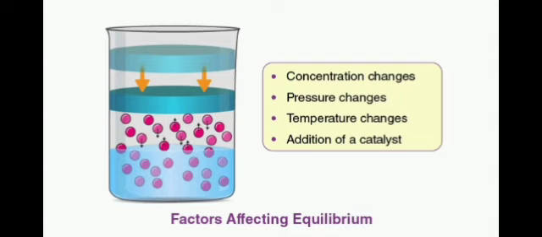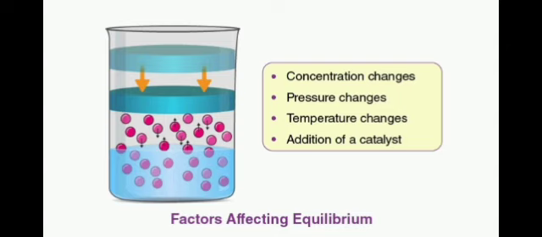So in summary, for this concentration stuff, you see that adding more reactants will make the equilibrium position shift to the right to favor the product, because the concentration of the product is now less, so it wants to annul that stress to try and bring it back to equilibrium.